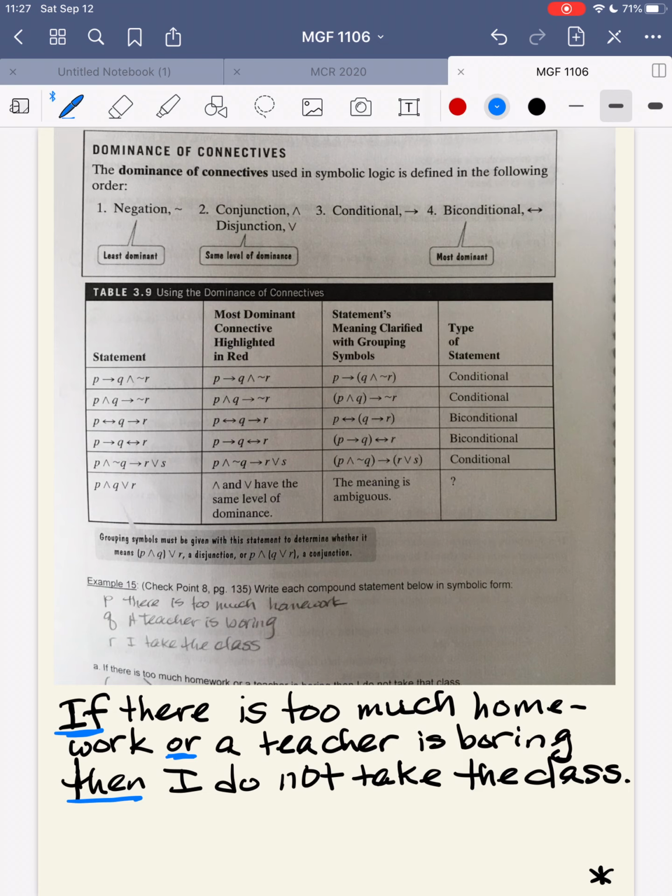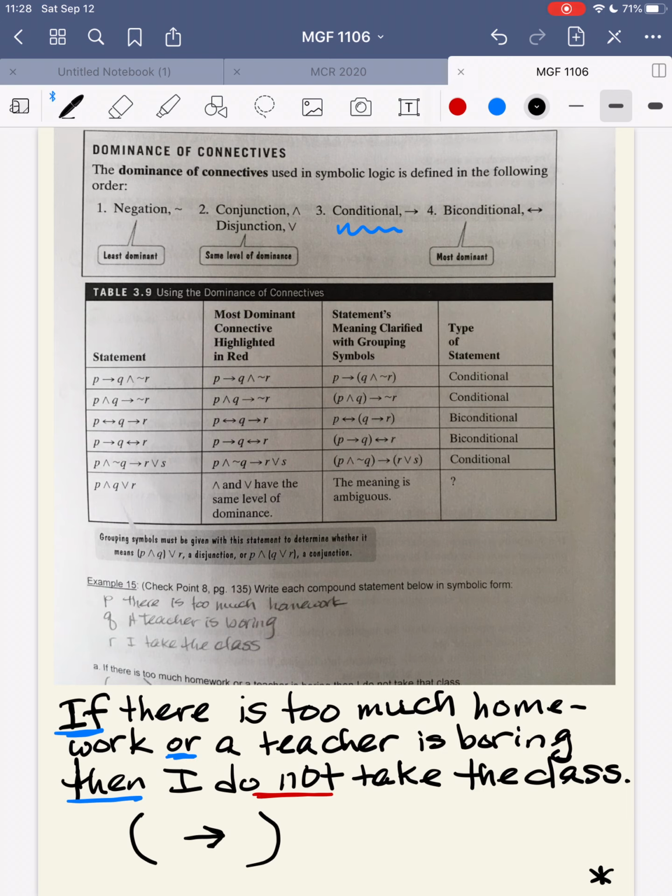All right. So if there is too much homework or a teacher is boring. So this is a conditional statement. Therefore, my conditional statement is higher up than the negation that I have here. So my if-then statement takes priority. All right.